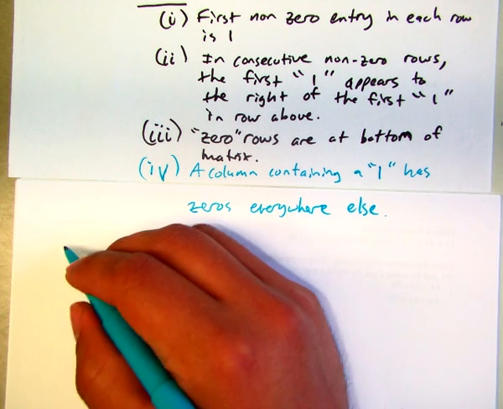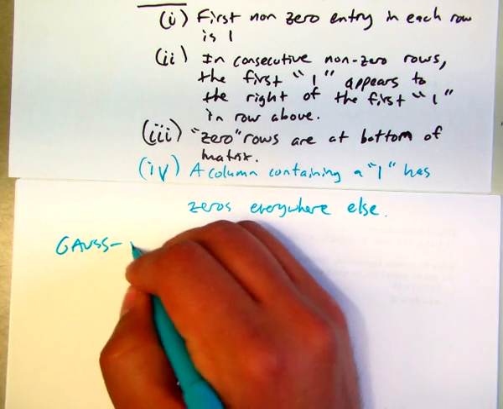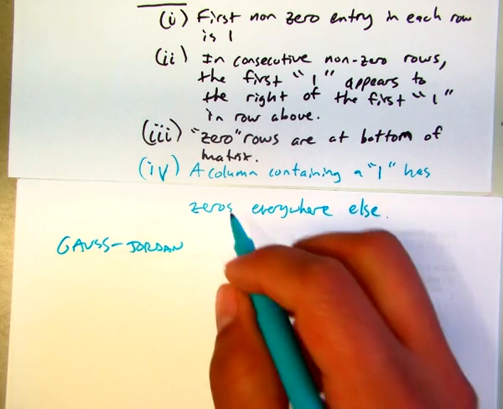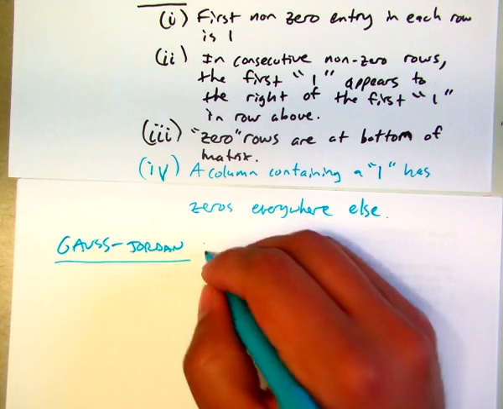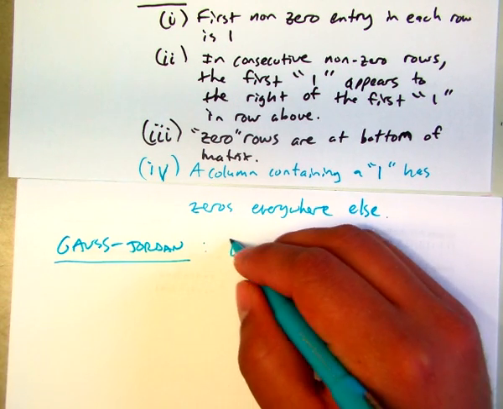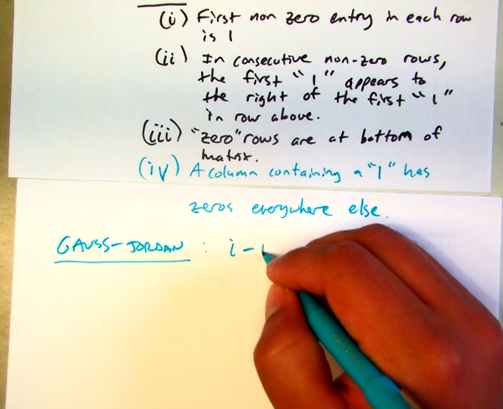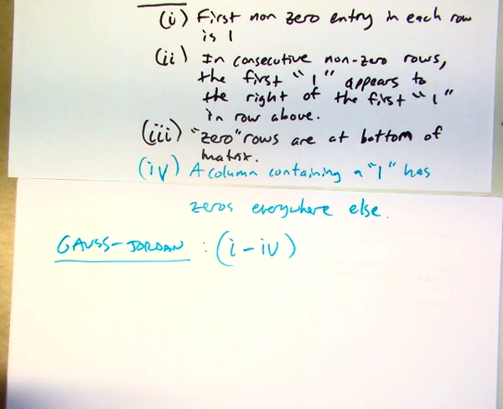So Gauss-Jordan is steps 1 through 4, and Gaussian elimination is simply 1 through 3.